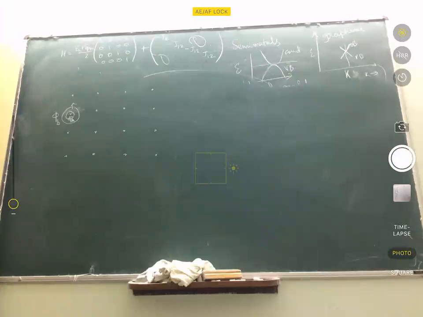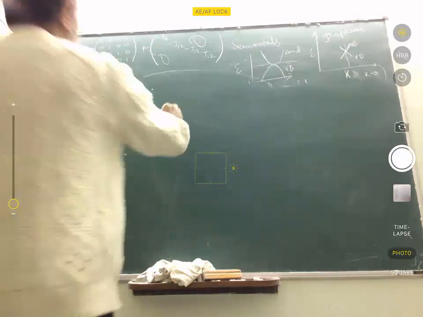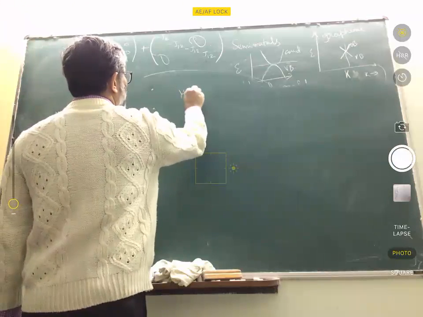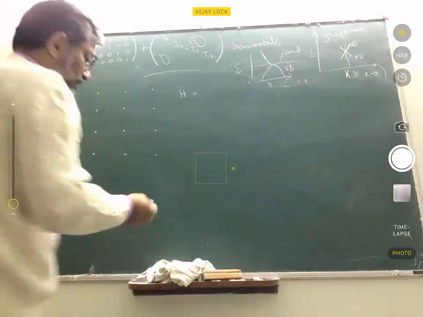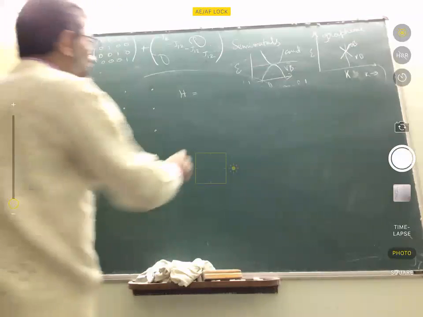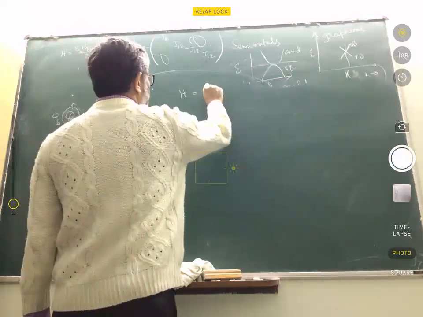So if we ignore the electron-electron interactions first, let us write the different types of terms that we'll have in the Hamiltonian. The Hamiltonian is of course independent of how many electrons we have.